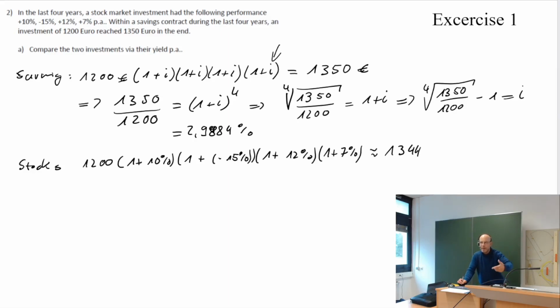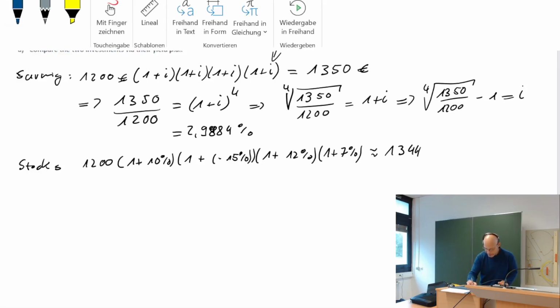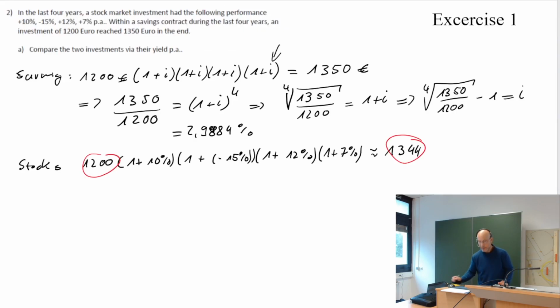But now keep in mind these two numbers here. We actually don't need them for the calculation of the average yield. We have here now 4 different numbers.